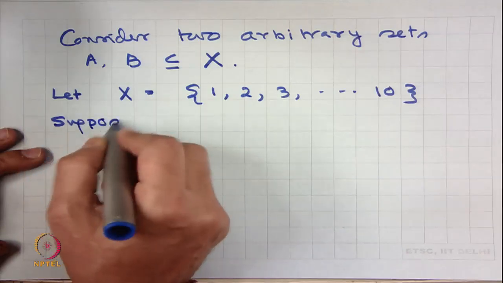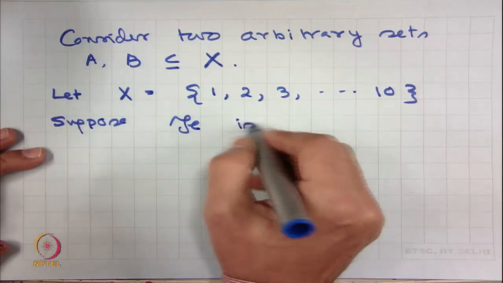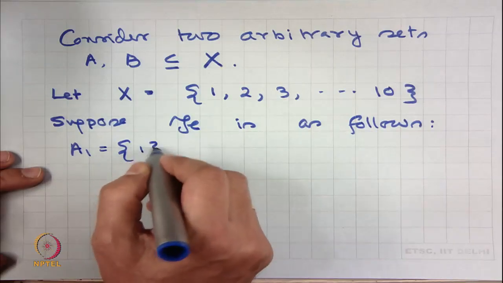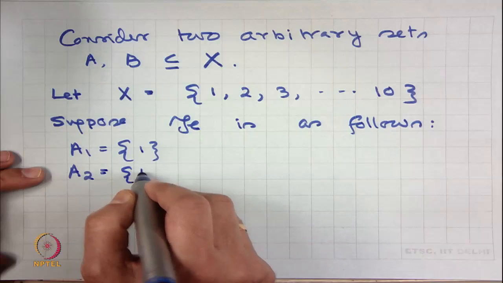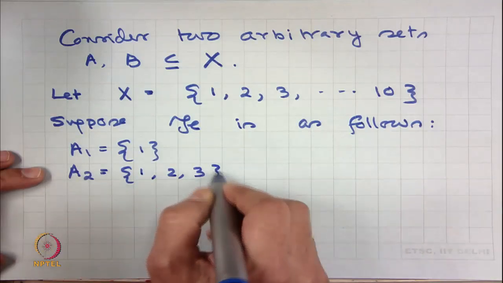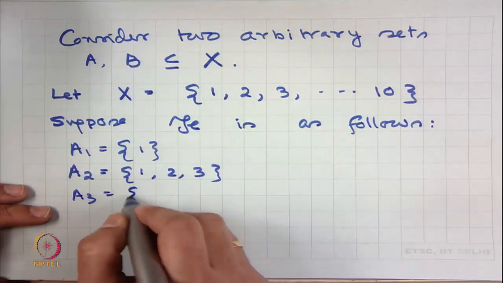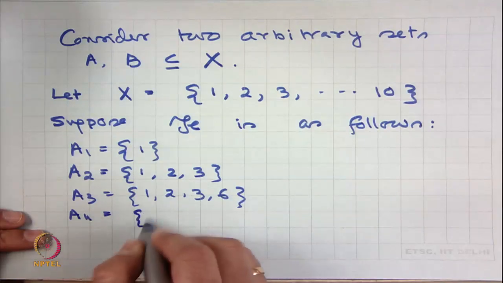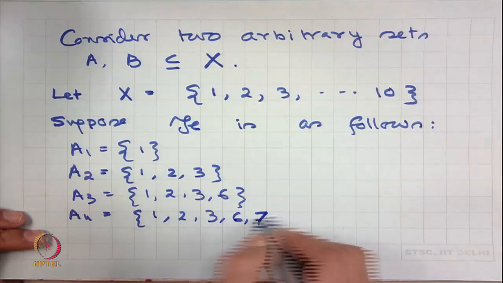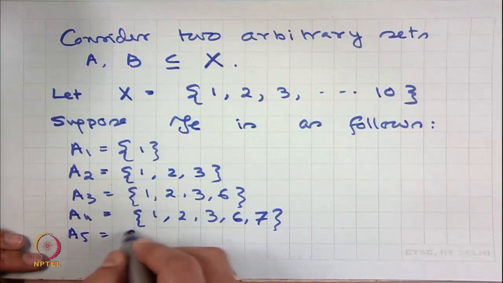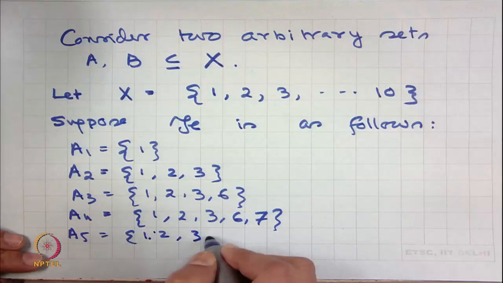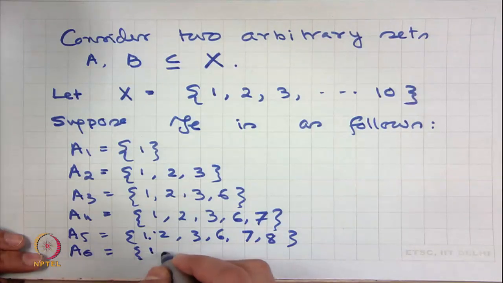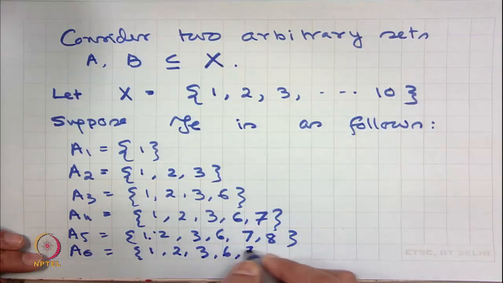Suppose F is as follows: A1 is equal to singleton 1, A2 is equal to {1, 2, 3}, A3 is equal to {1, 2, 3, 6}, A4 is equal to {1, 2, 3, 6, 7}, A5 is equal to {1, 2, 3, 6, 7, 8}, and A6 is equal to {1, 2, 3, 6, 7, 8, 10}.